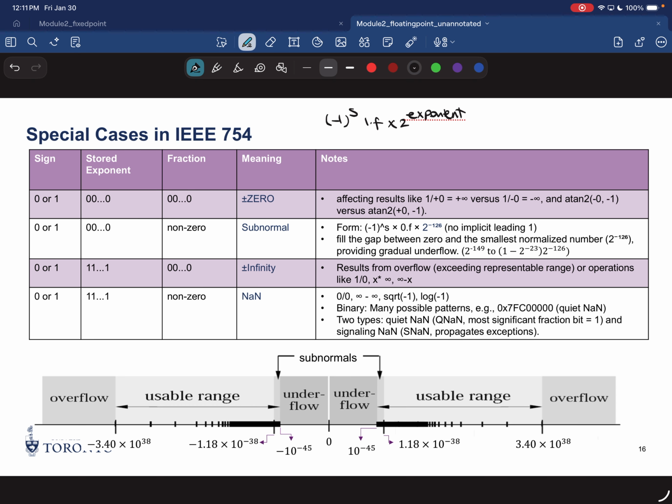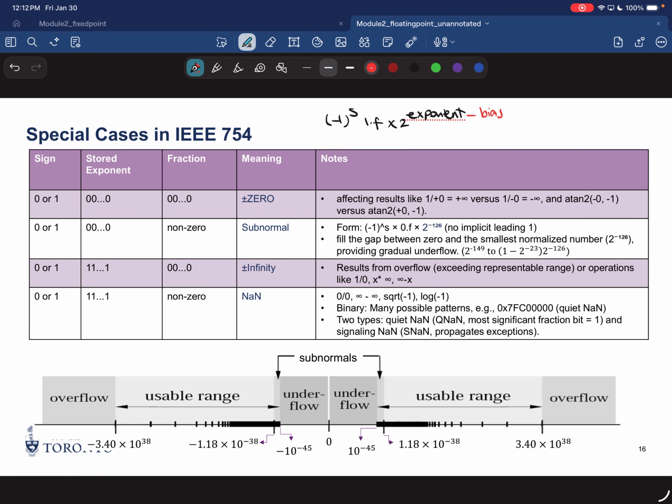Fraction is UQ23, and then the exponent is also an unsigned one because we are adding a bias to it. So here, the actual one is the stored exponent minus bias.